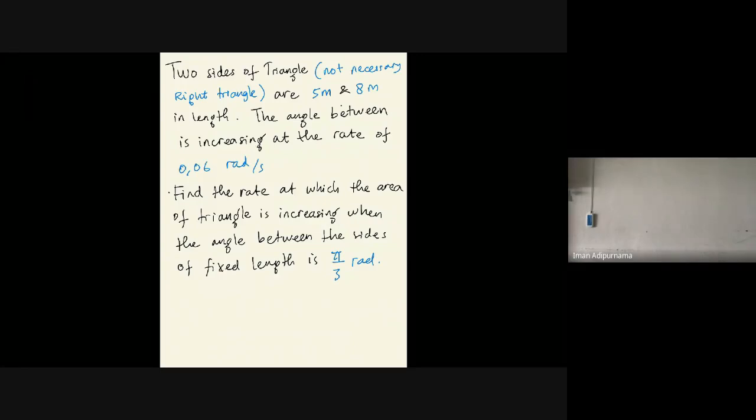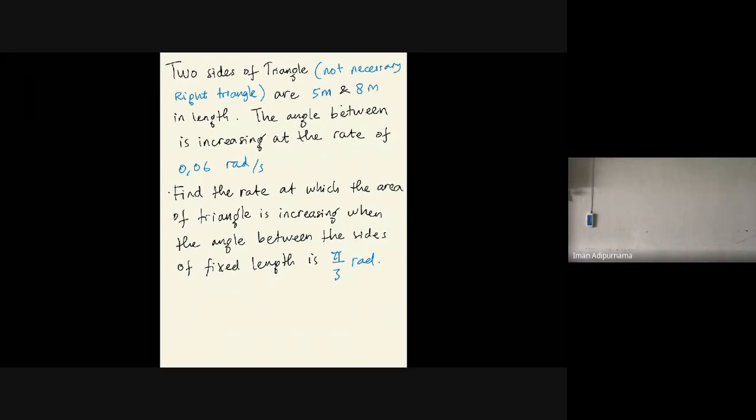The question is asking to find the rate at which the area of the triangle is increasing. As theta increases, the area also increases, so it's asking for the rate of change of the area.